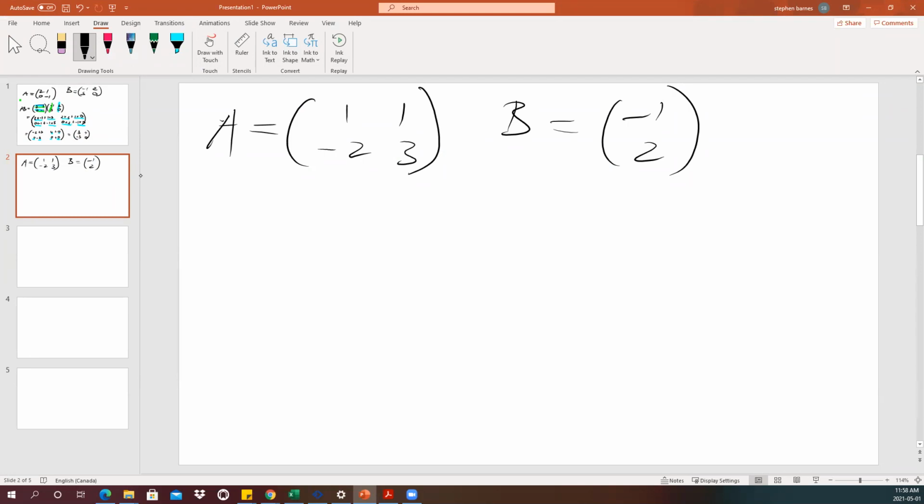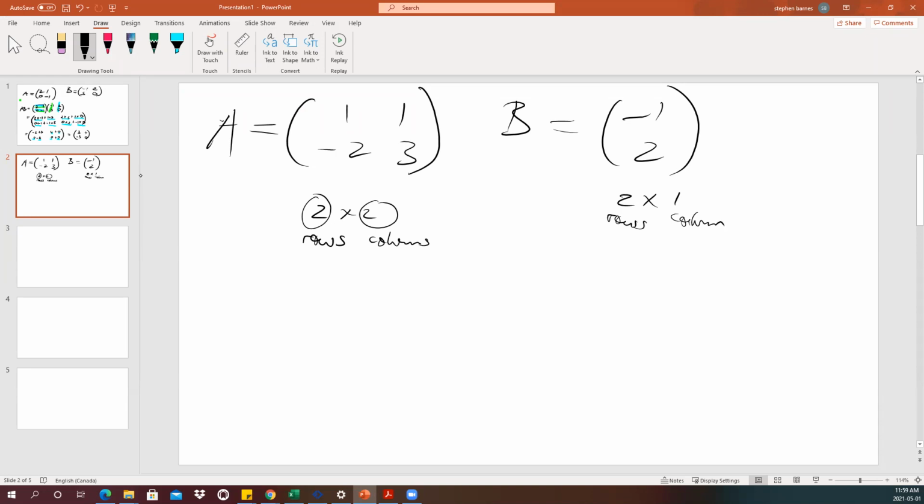The dimension of matrix A is 2 times 2, or 2 by 2, meaning 2 rows and 2 columns, right? Then this now is 2 by 1, meaning 2 rows, 1 column.